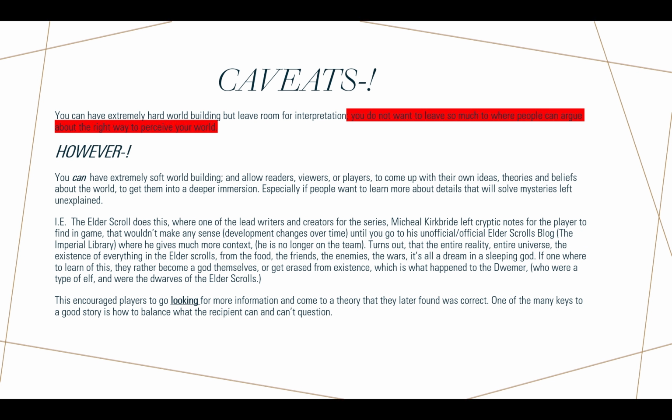So start out really light, and the deeper you go into the story, the more hard world building you become. But it's a very nuanced thing to do, and it's very hard.